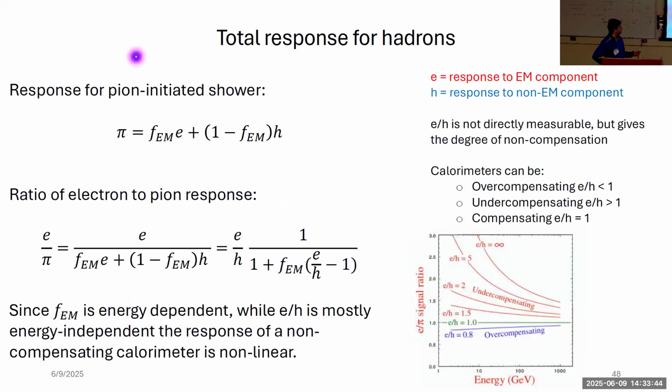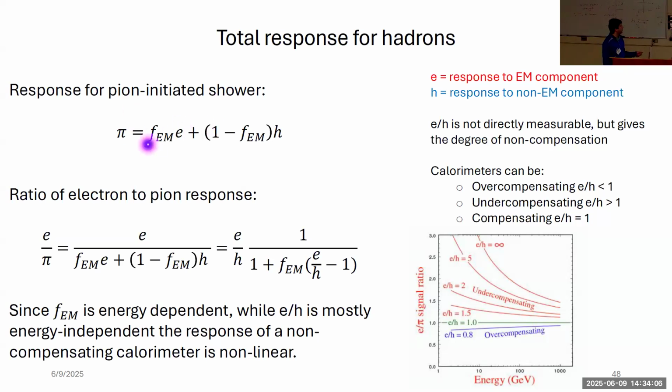Okay, so we can actually define the pion response and compare it to the electron response. If we subdivide this pion response into an EM part and a pi zero part, which is the fraction of the shower that's part of this pi zero part, times this E, which is the response for that EM part, and then you have a hadronic part.